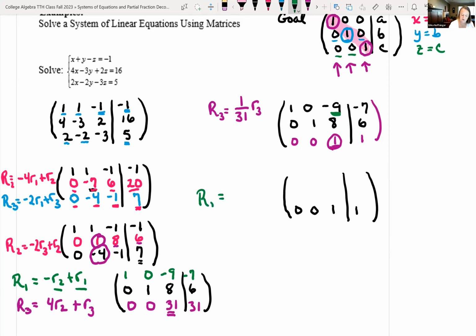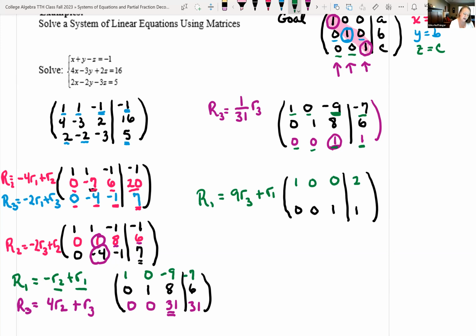This is equal to 9 times row 3, and then add it to row 1. That would get us the 0 where we wanted it. Well, 9 times this 0, plus 1 is 1. 9 times this 0 is 0, plus 0 is 0. 9 times this 1 is 9, plus -9 is 0. 9 times this 1 is 9, plus -7 is 2. Okay, so we got row 1 as we want it.